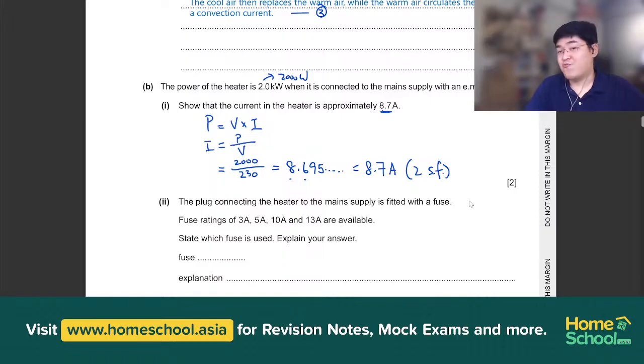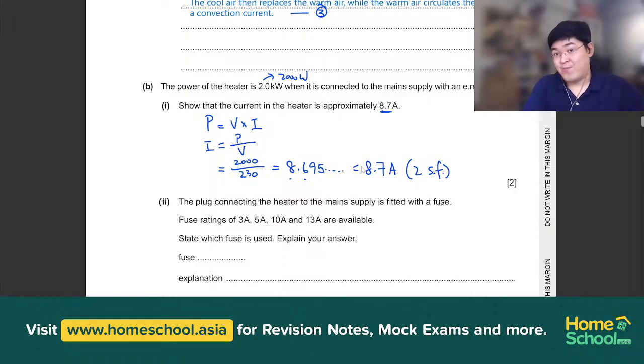I hope this brings some answers to your query, especially Mr. Lewis, who asked whether you will be penalized if you don't write your answers in two significant figures. Yes, this is actually very important.